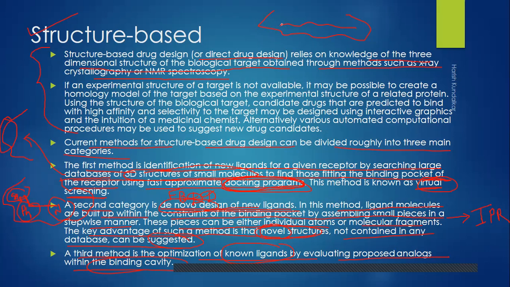So we can add a tert-butyl or maybe an n-butyl, or some other functional group, maybe a phenyl group, that can be accommodated into this bulky pocket. That is how this third method, analogging, works. We evaluate proposed analogs within the binding cavity.